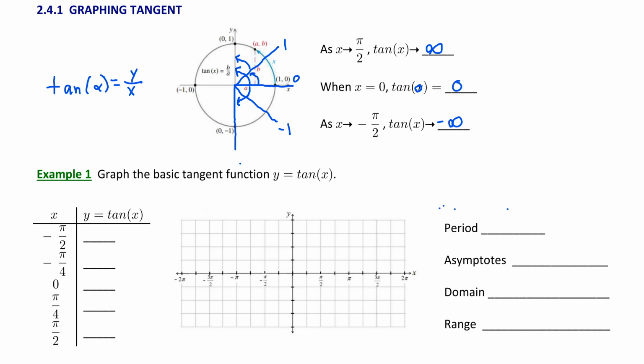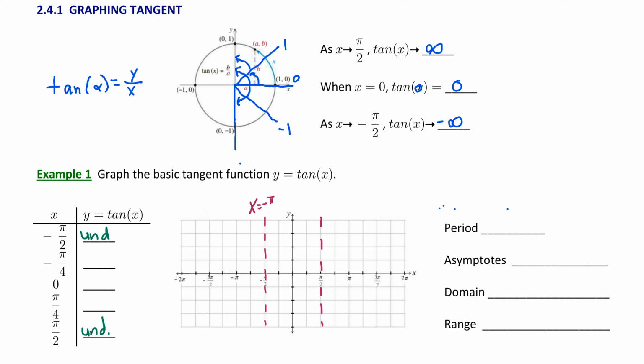Now, completing our t-chart here, or our xy ordered pair chart to graph the function tangent of x, we've already discussed that tangent of negative pi over 2 and tangent of pi over 2 are both undefined. This means that on the graph, we're going to have a vertical asymptote at x equals negative pi over 2 and x equals pi over 2.